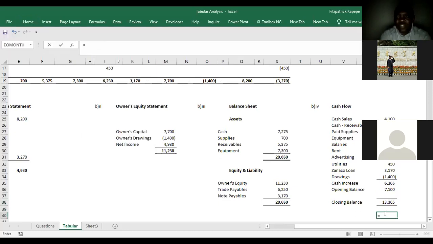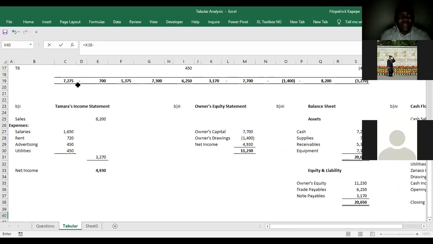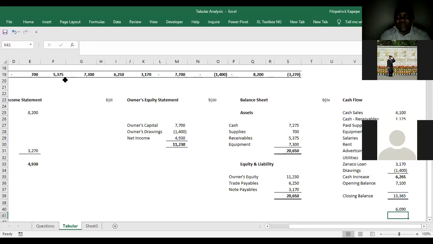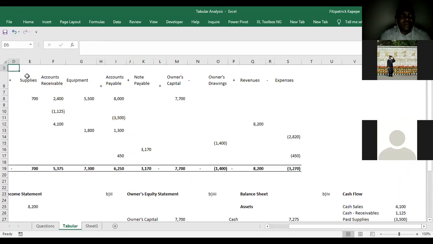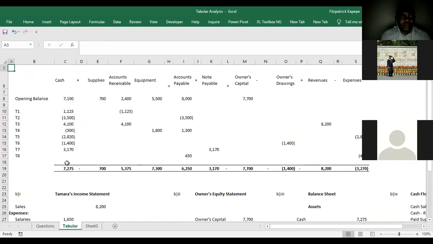So here you do a control, you say this minus that, minus this, because we need to get that. So when you check from this side, there are numbers that should have been negatives, we put them as positives. Which ones?